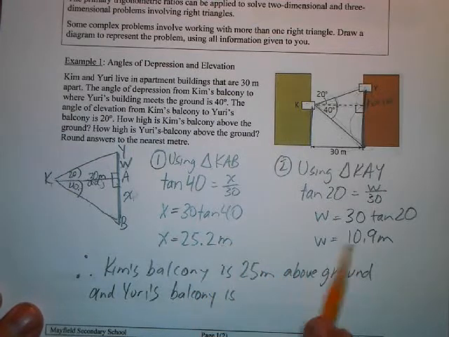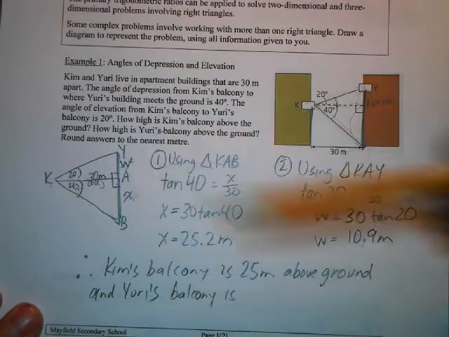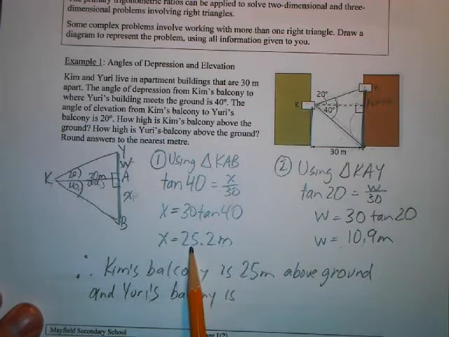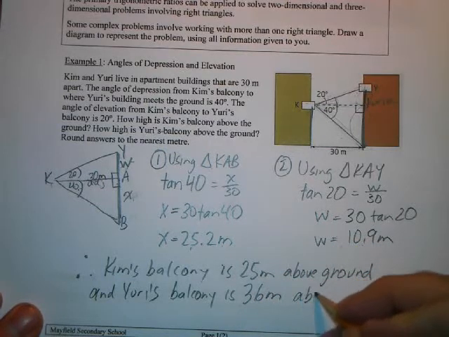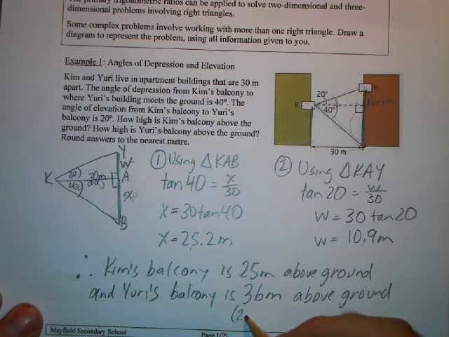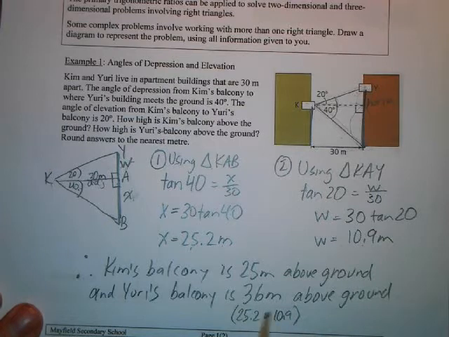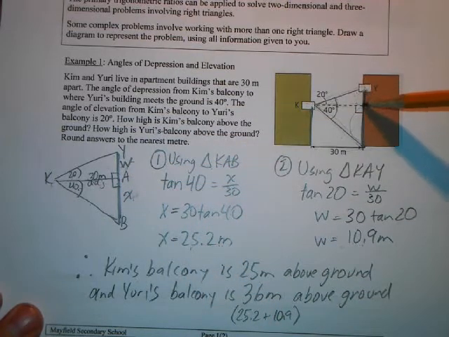Now this time I'm going to add these two together because remember Yuri's balcony is that side plus that side, so W plus X. So that's going to be 25.2 plus 10.9, 36.1. If I round that, that's 36 meters above ground. And just to show where that came from, I could put 25.2 plus 10.9. You don't have to, but for your sake, you might say, where did that come from? It came from adding these two together because that balcony needs that side plus that side.